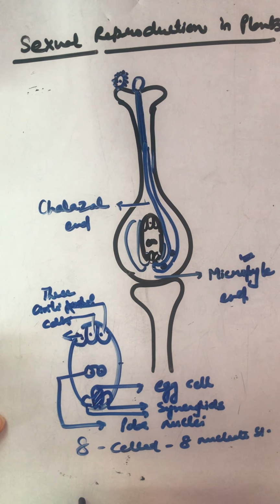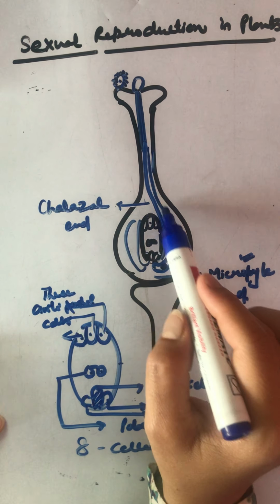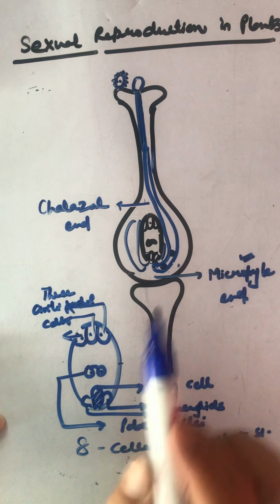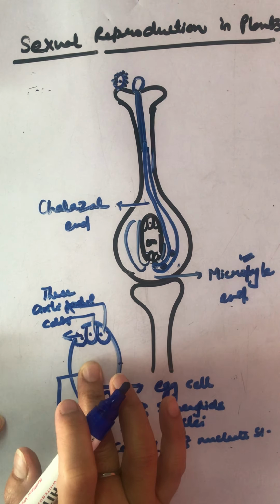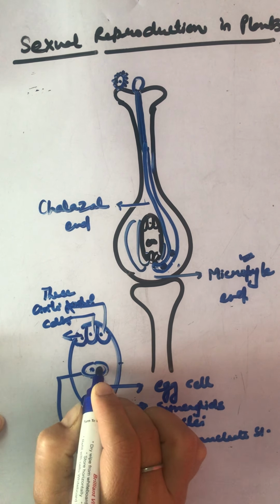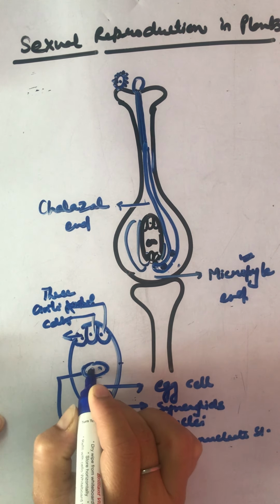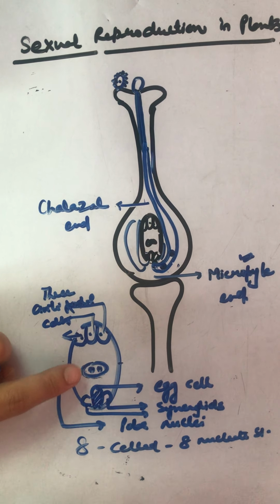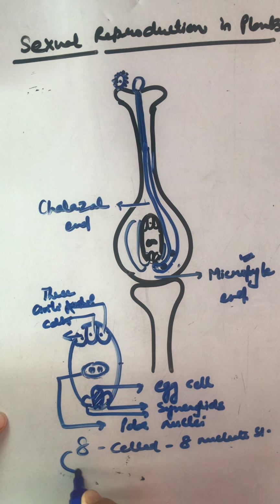Right? But what happens whenever the pollen tube is growing inside this style region carrying the two male gametes? Meanwhile, this central cell also undergoes fusion of its two cells, forming one and having two nuclei. So the two cells fuse together to form one cell having two nuclei. So what does it transform into?